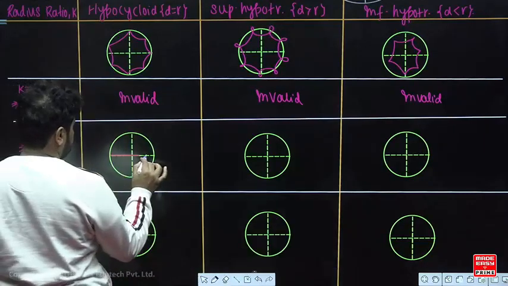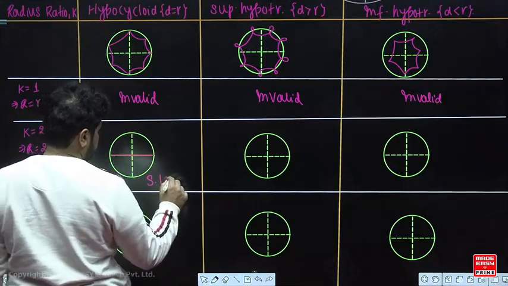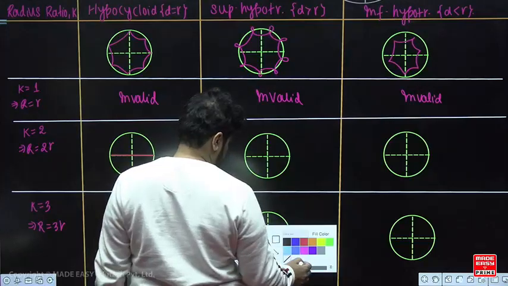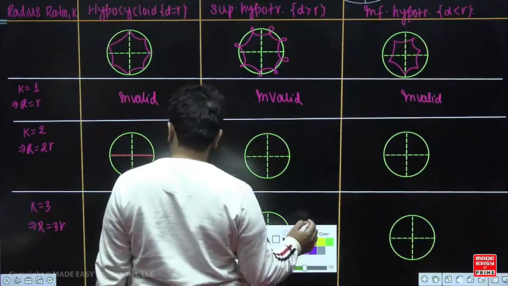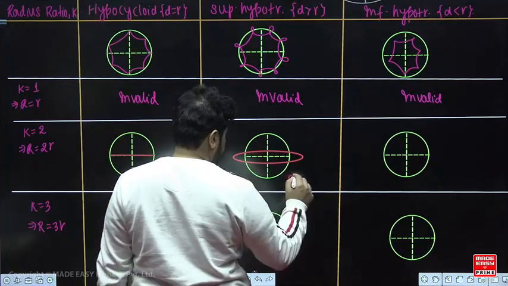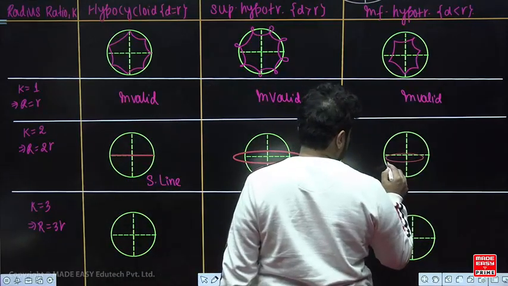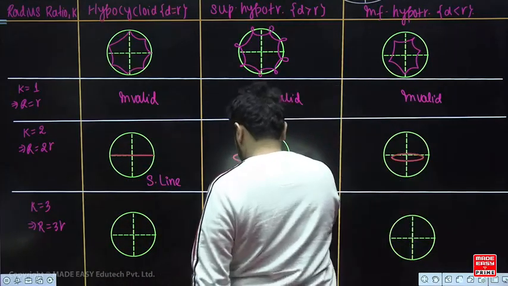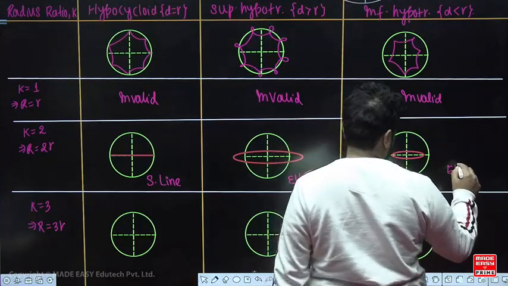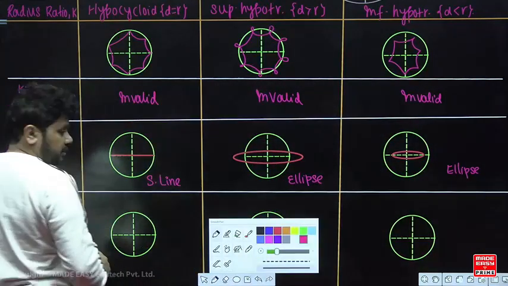K equal to 2, straight line. Ellipse. Ellipse. So this is K equal to 3.